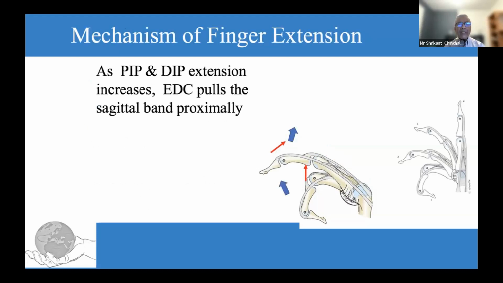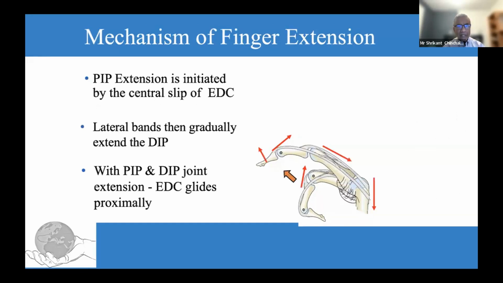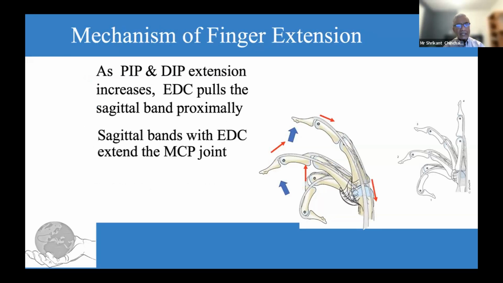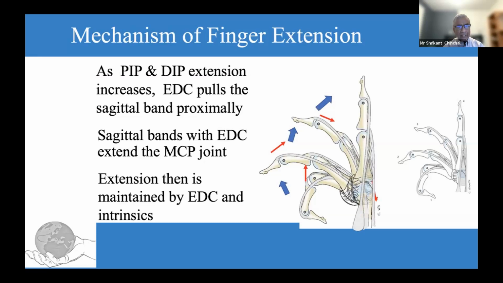So as the PIP and DIP joint extension increases, the extensor digitorum communis pulls the sagittal band proximally, and in combination, the sagittal band and extensor digitorum communis initiate MCP joint extension. The sagittal band with the extensor digitorum communis extends the metacarpophalangeal joint, and complete extension of the fingers is maintained by the extensor digitorum communis and intrinsics.